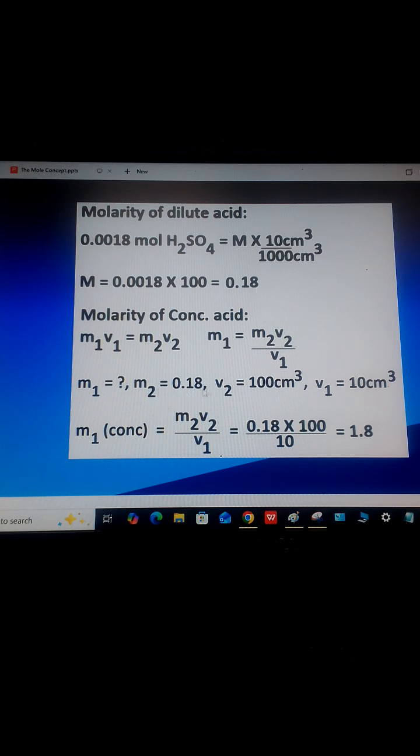Volume 2 is 100 cubic centimeters, and the first volume is 10 cubic centimeters. So molarity 1 of concentrated sulfuric acid is equal to 0.18 times 100 over 10. So you get 1.8 as the molarity of the concentrated acid. That's how we go about it.